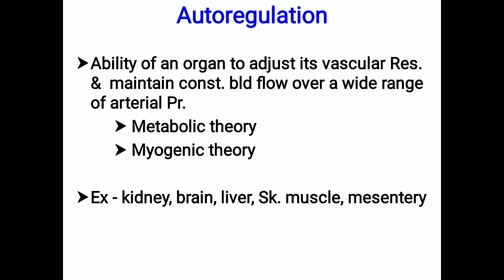Autoregulation is the most important mechanism present in the regulation of blood flow. It is the ability of the organ to adjust its vascular resistance and maintain a constant blood flow over a wide range of arterial pressure. There are two theories of regulation of blood flow, the metabolic theory and the myogenic theory.